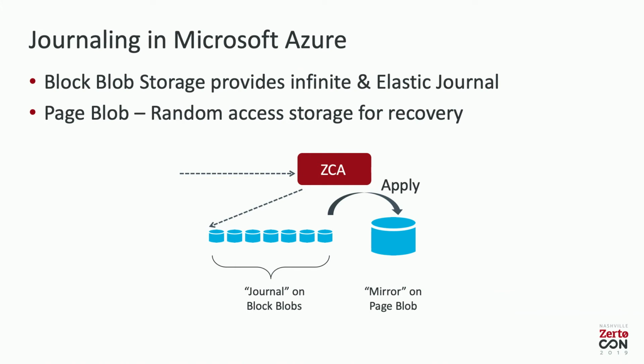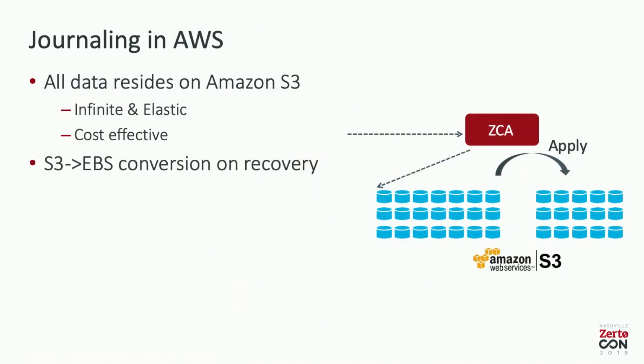Next one, AWS. AWS does not have a page blob equivalent. AWS has S3, which is object storage, like block blobs in Azure. And the disks that are connected to VMs are actually in EBS.